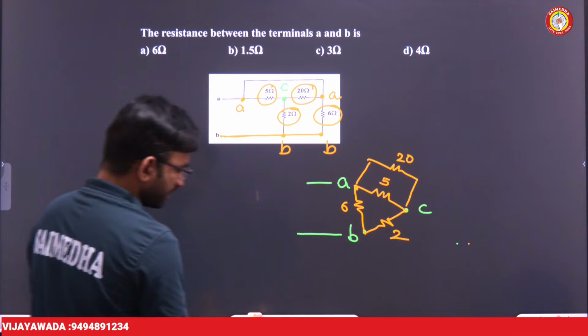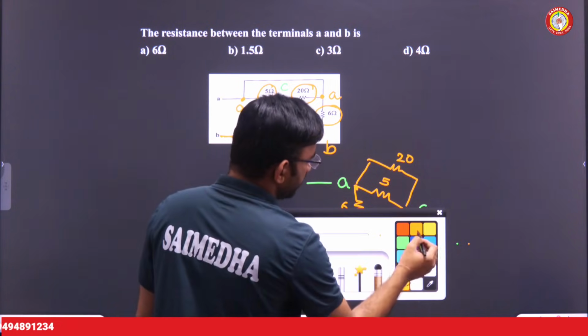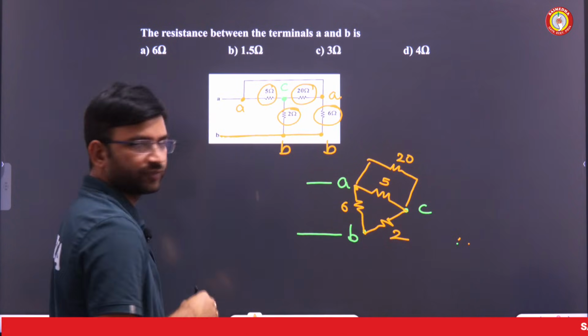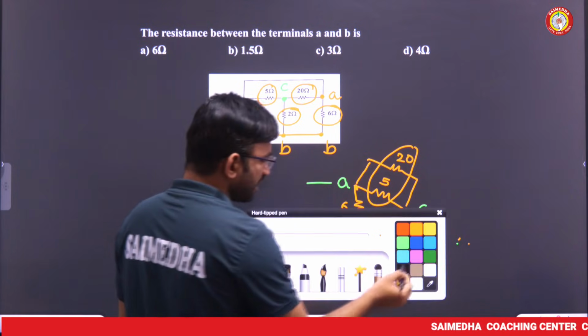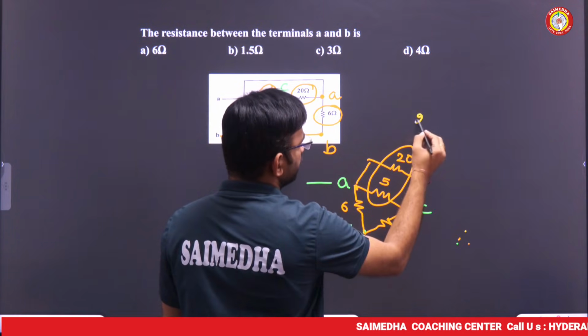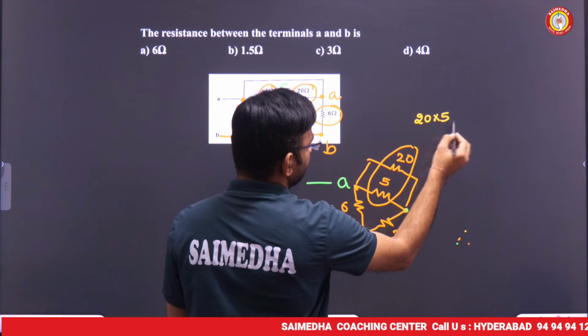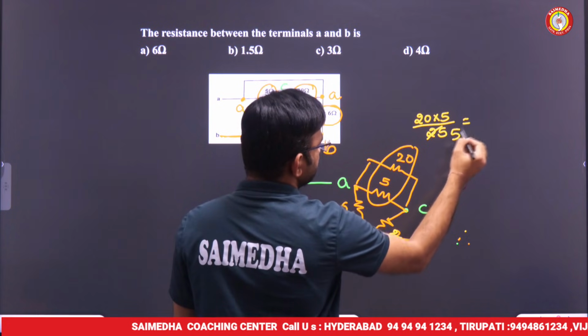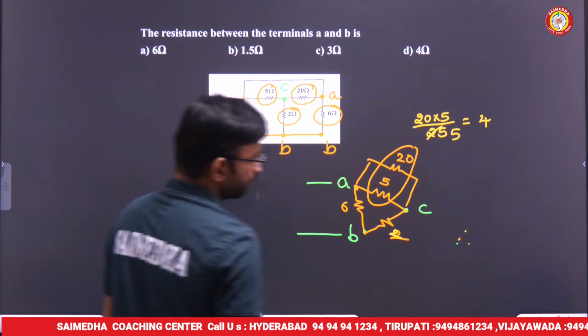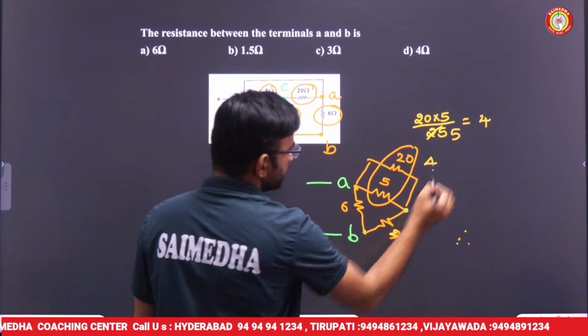Here 2 ohm is connected. Now try to find the equivalent resistance between A and B. These two are connected in parallel. Whenever these two are connected in parallel, you will get 20 into 5 divided by 20 plus 5, which is 100 by 25, which is nothing but 4. So this equivalent value will be equal to 4.